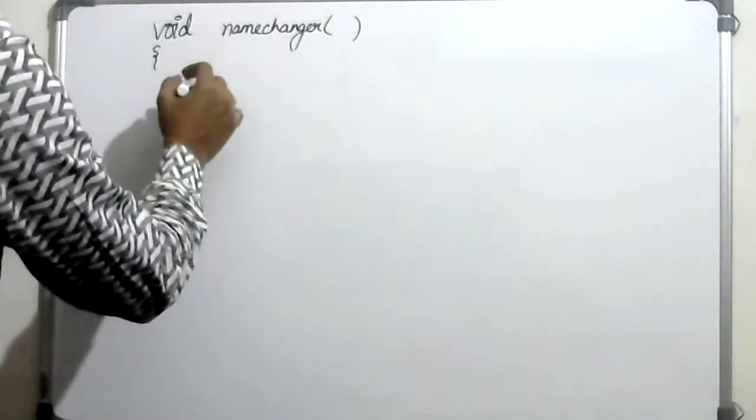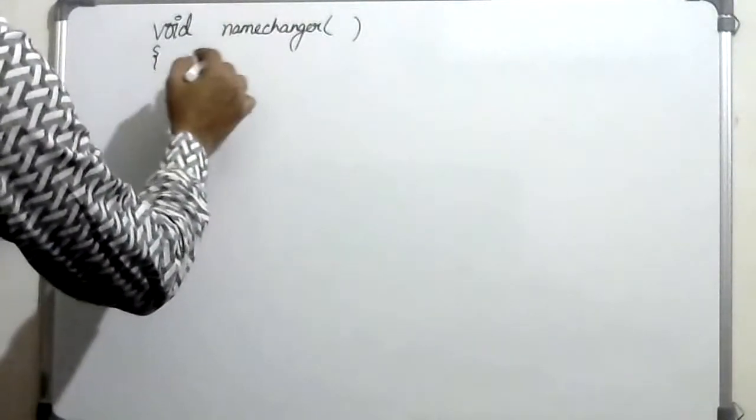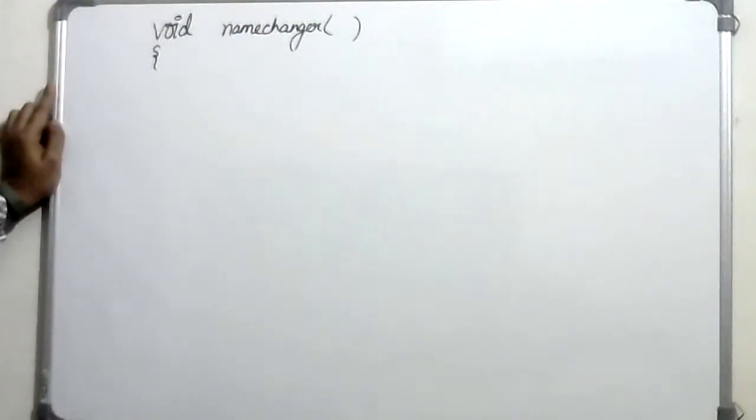Now inside we already have the name that the user has input in the name variable.